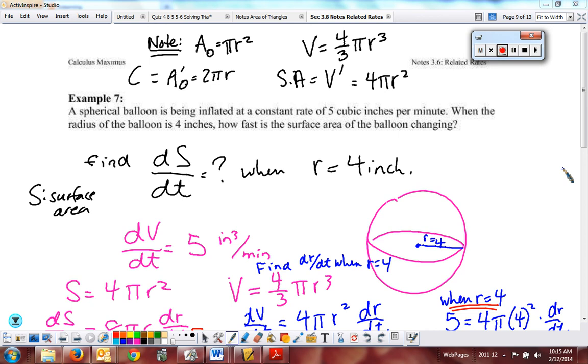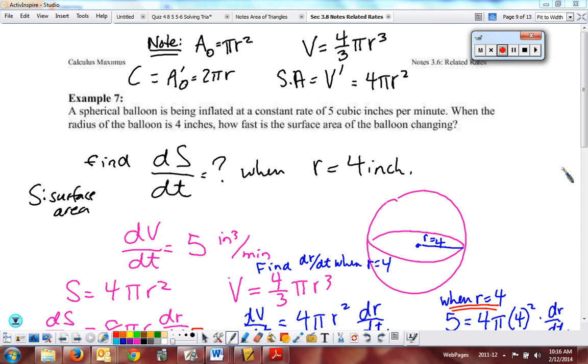So basically, just recapping example 7, which I think I did finish for you guys, I just want to make sure. This was a related rate problem where you were trying to find the derivative of the surface area, and they gave you the rate the volume was changing, and unfortunately your formula for surface area did not have volume in it.